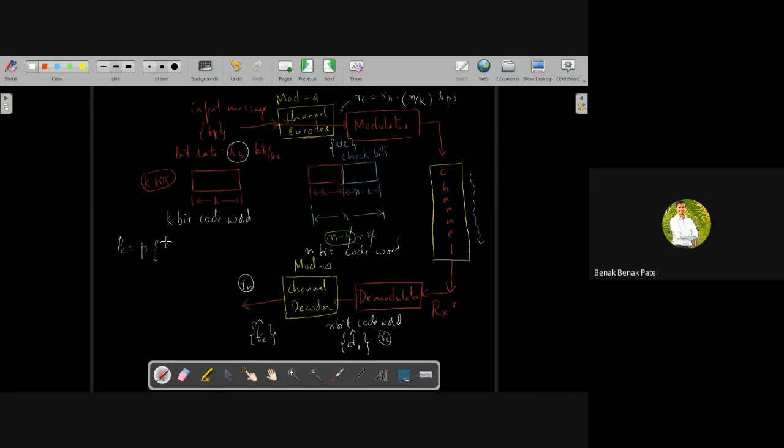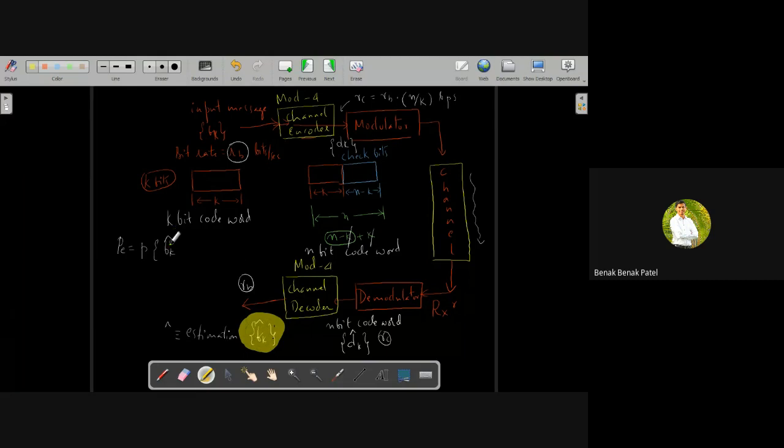the probability that this estimated bk, which is the output of the channel decoder, is the value I'm trying to consider. The cap over here always represents an estimation.